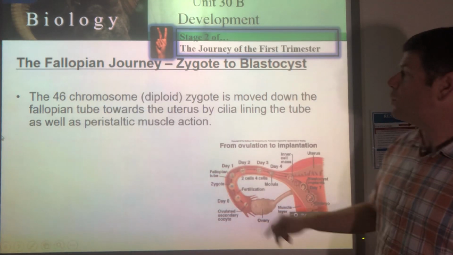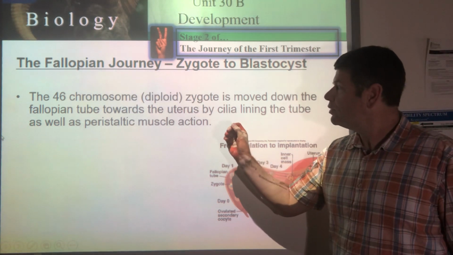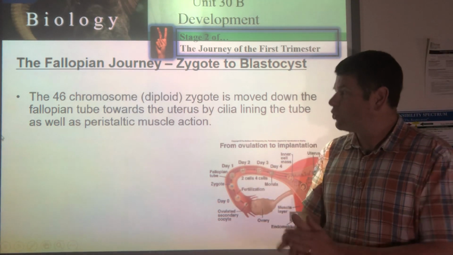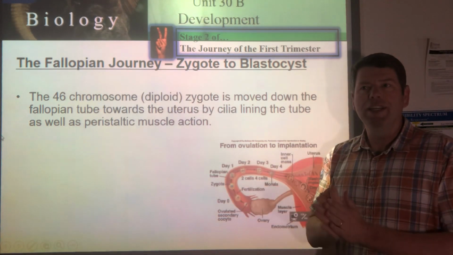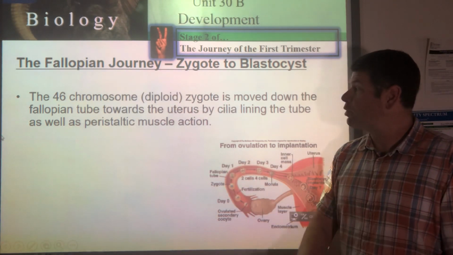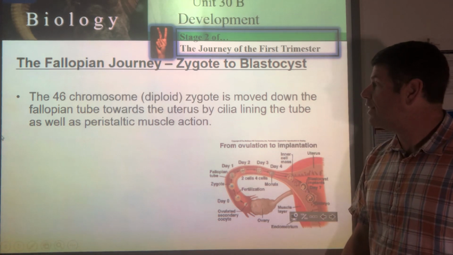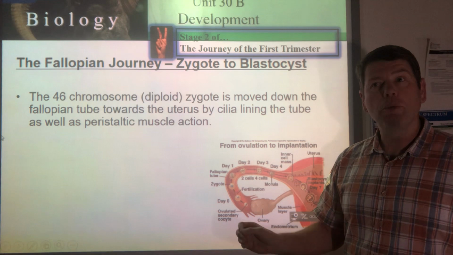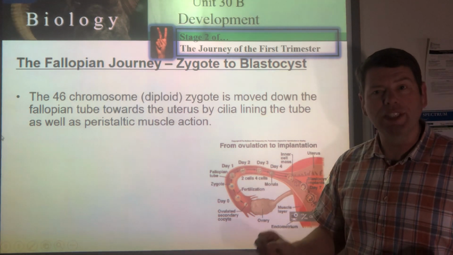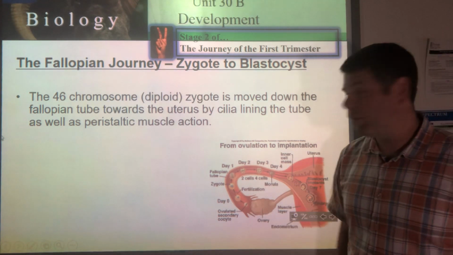All right, so the zygote, which has 46 chromosomes, we use this term diploid, guys, and we're going to hear and see more of that term in the next chapter when we talk about cell division. But the zygote is moved down the fallopian tube with the help of cilia and some of those peristaltic contractions that we learned about with the digestive system.